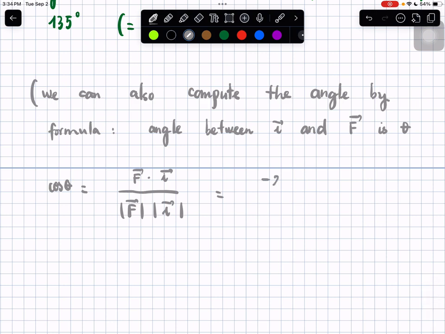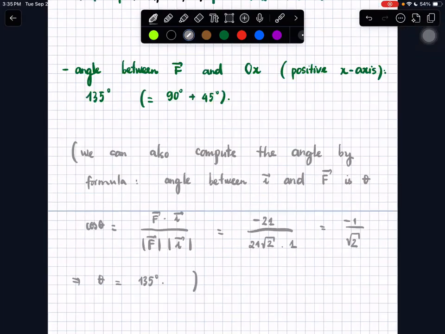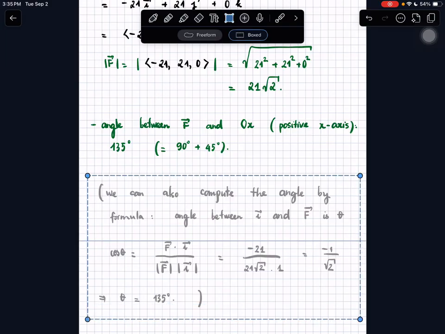So minus 21 divided by the length of F, 21 root 2, times the length of I, which is 1. This is minus 1 over square root 2, which means cosine of theta is minus 1 over square root 2. Theta is 135 degrees. Either way, the angle has to be this, so we have the length and the direction of the vector.